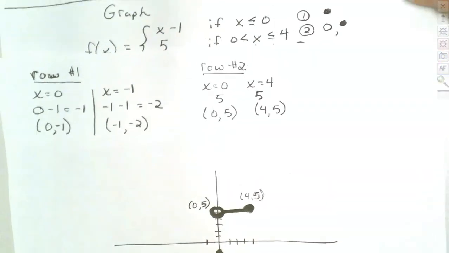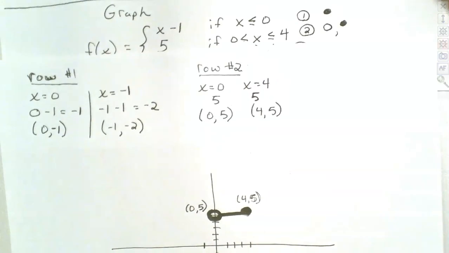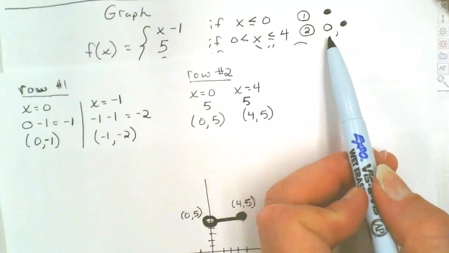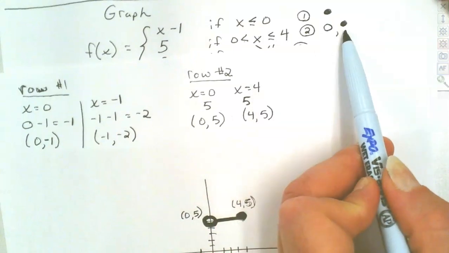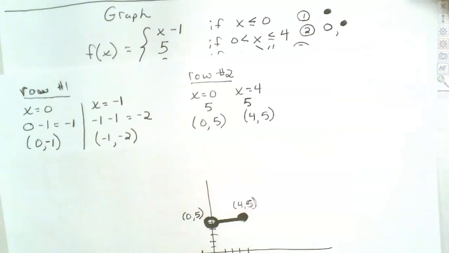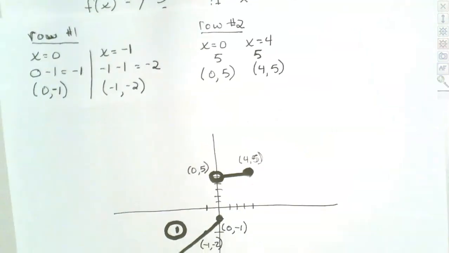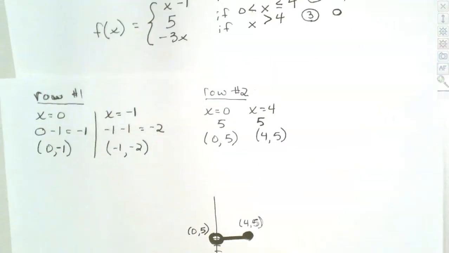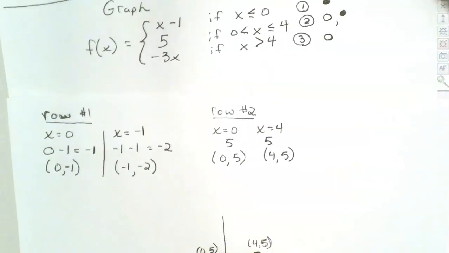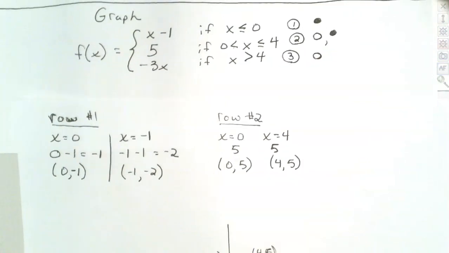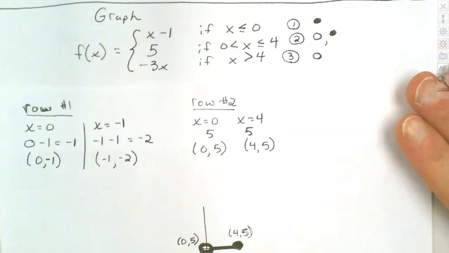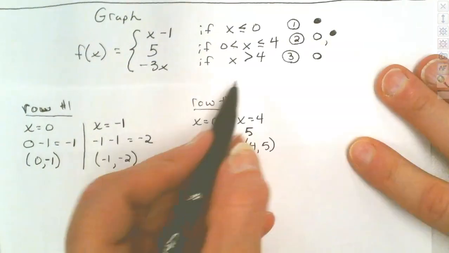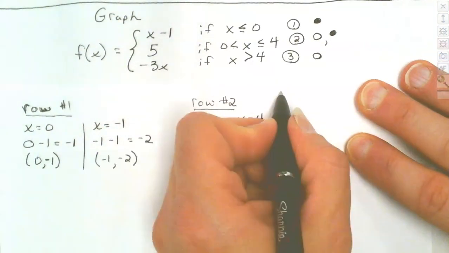Now, again, do we know what gets what? Well, the first point gets the open circle at that 0. 4 gets the closed circle. We need one more row here, and that's row 3. So we go back to our function, and we need 2 values again. So we always plug in the value that's provided first.